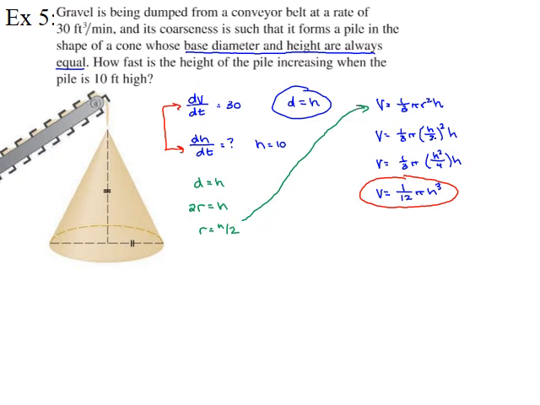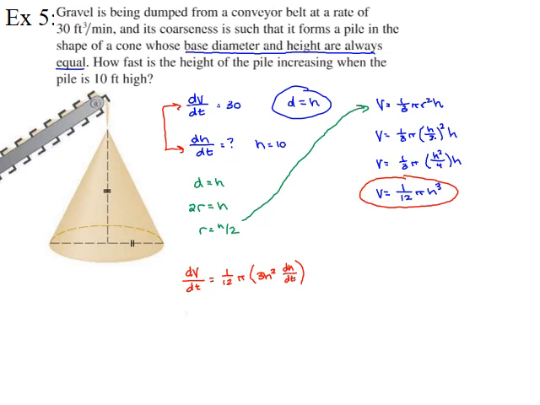So I can now take the derivative of this implicitly. So I can say, and I'll move over here to the left out of the way, dV/dt is equal to 1/12 pi. The derivative of h cubed is 3h squared times dh/dt. Start plugging in what you know.